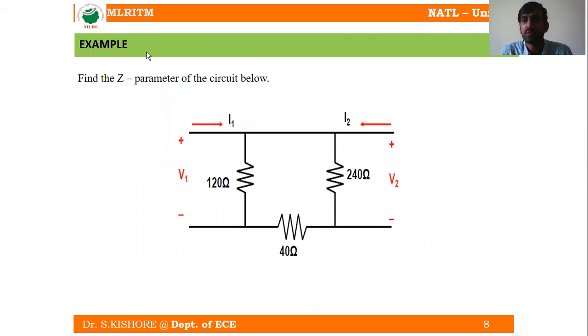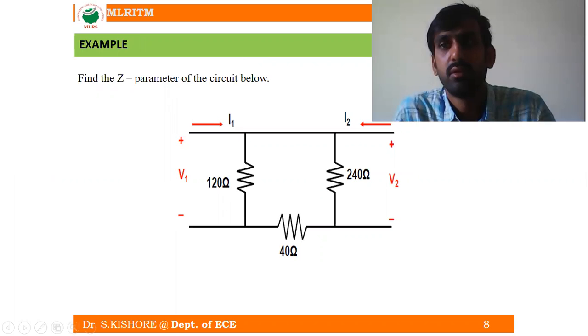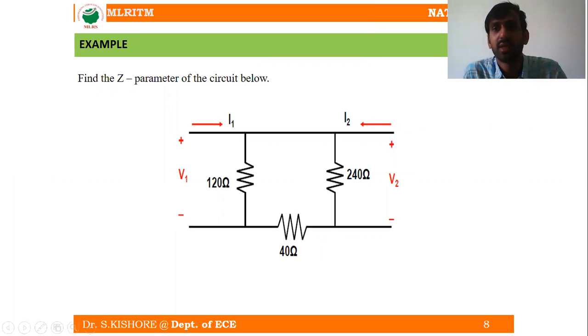So in the example, the problem is here, where they asked you to calculate the Z parameters of the circuit shown here. So it is a pi-shaped network over here. In this network, we are again considering the regular two-port convention.